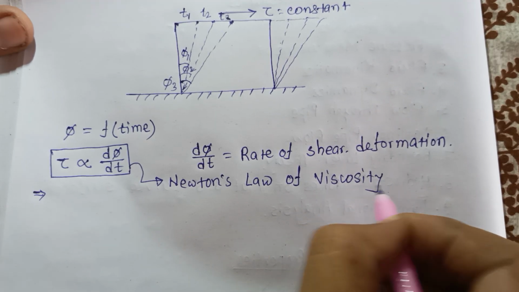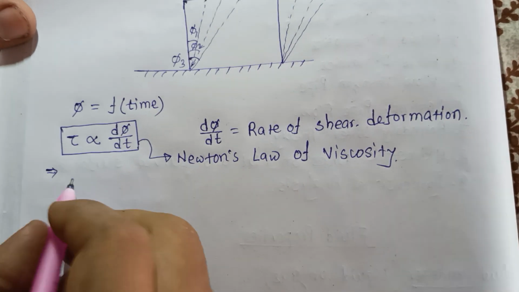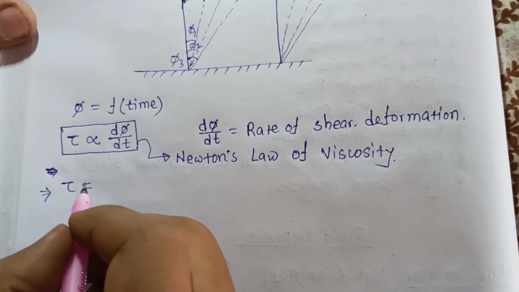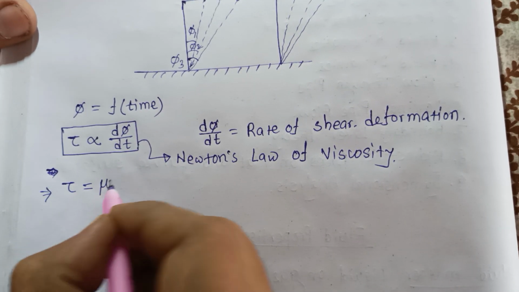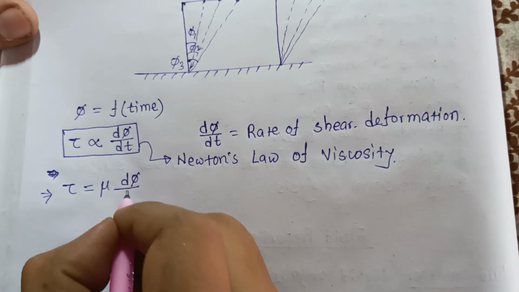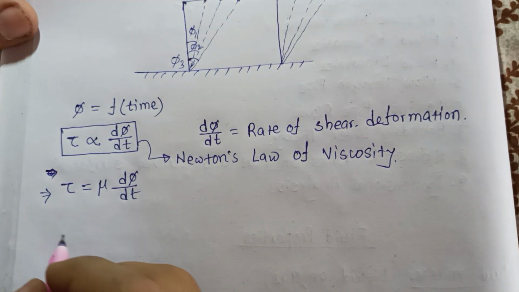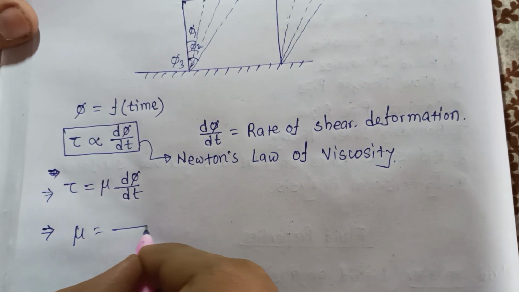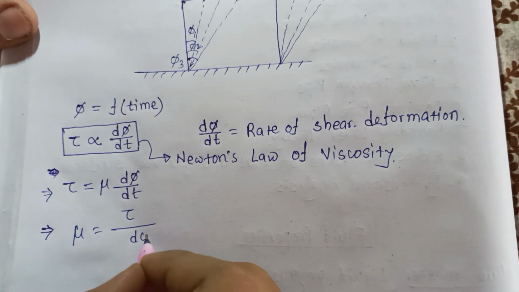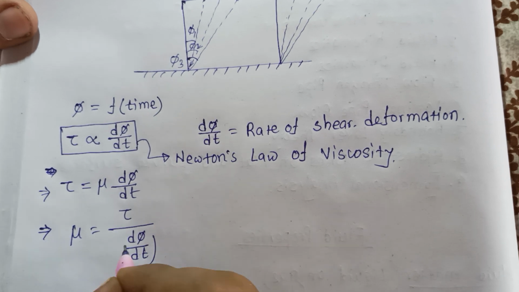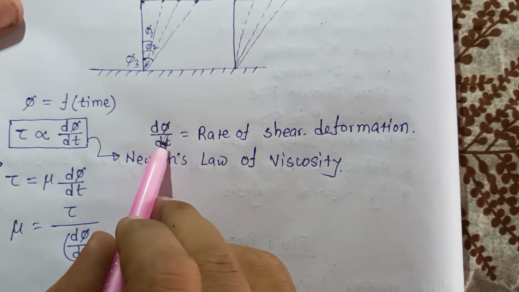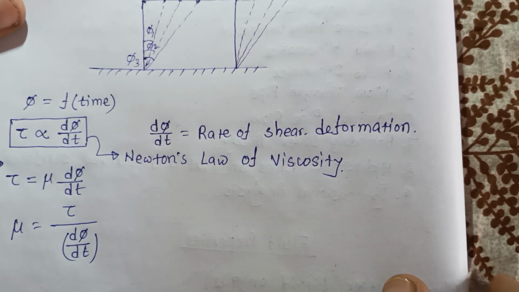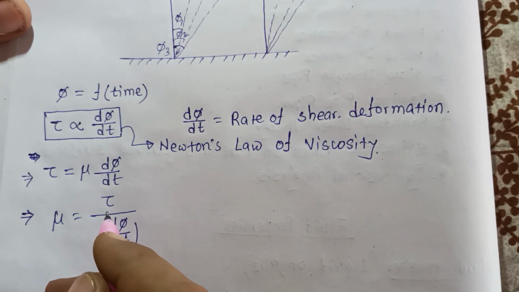Important. So from here a proportionality constant comes into the picture: tau is equal to mu into d phi by dt. So from here mu is equal to tau upon d phi by dt. d phi by dt is the rate of shear deformation and tau is the shear stress.